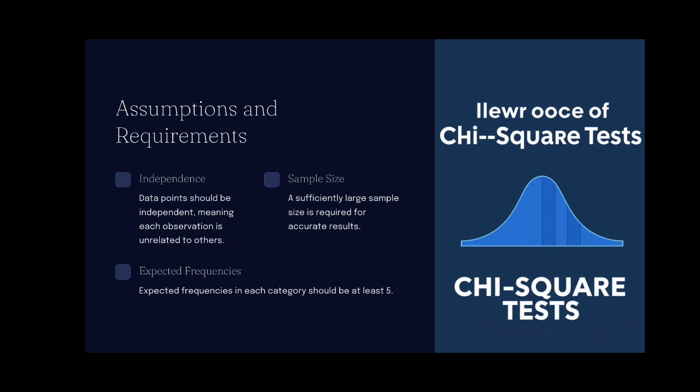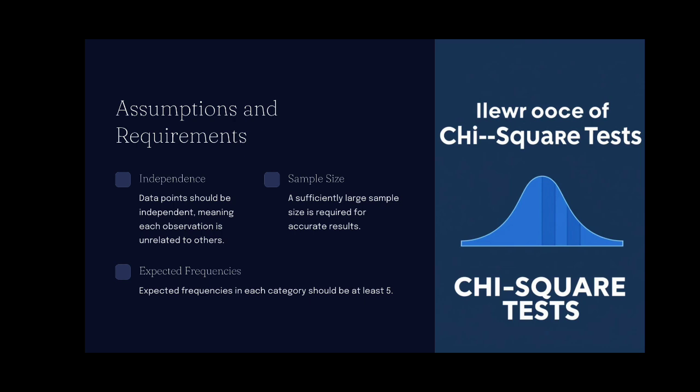Then the sample size needs to be large. The sum of total frequencies in the observed frequencies table should be at least 50. If the sample size is low, then the result may be unreliable.